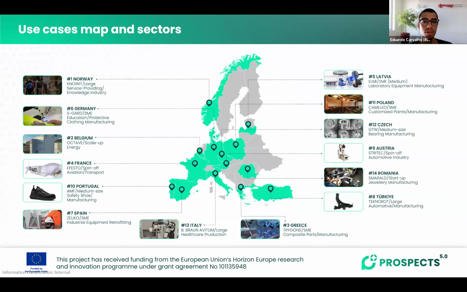Here is the summary of our use cases. We have 14 of them from different industries ranging from healthcare to automotive, and also from different sizes, from startups and SMEs to big industrial groups, as you can see here.